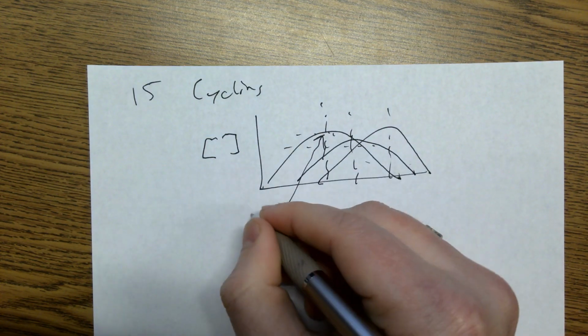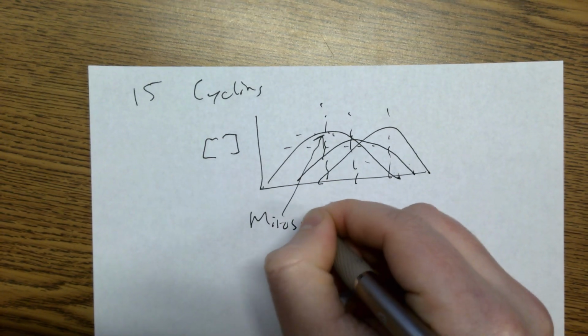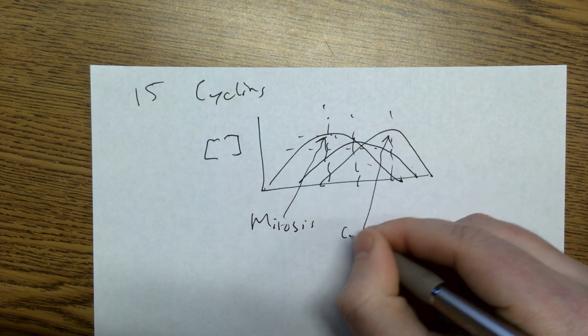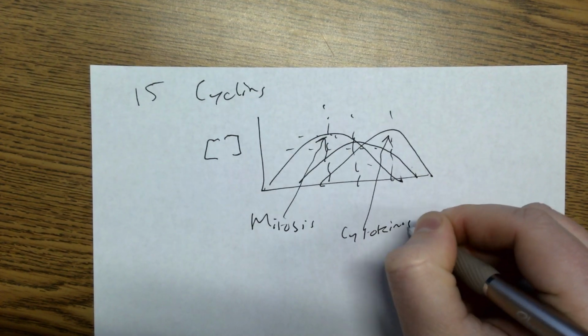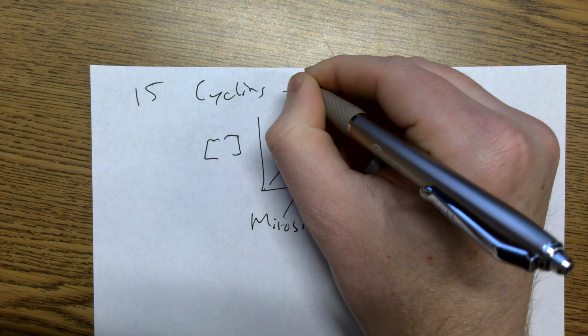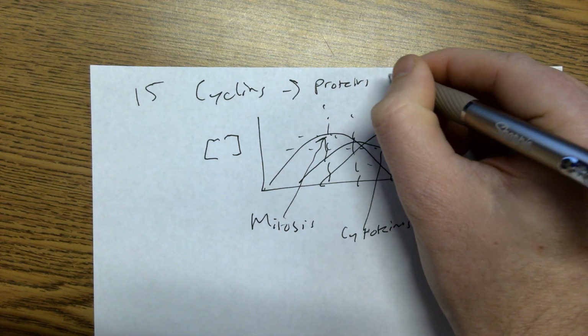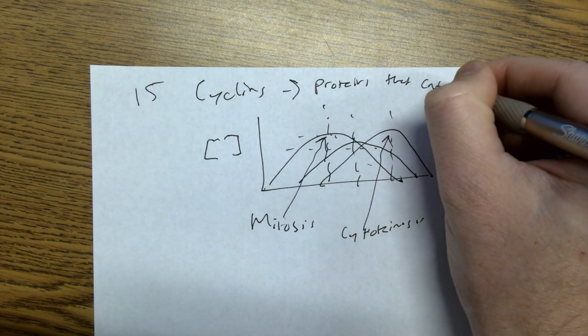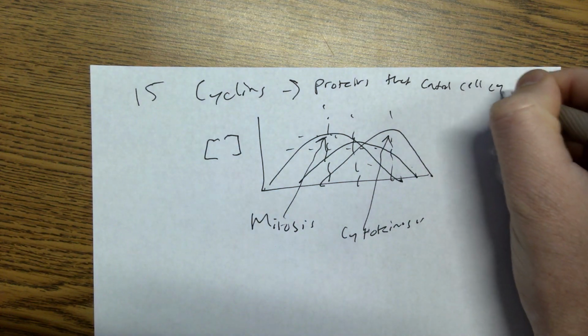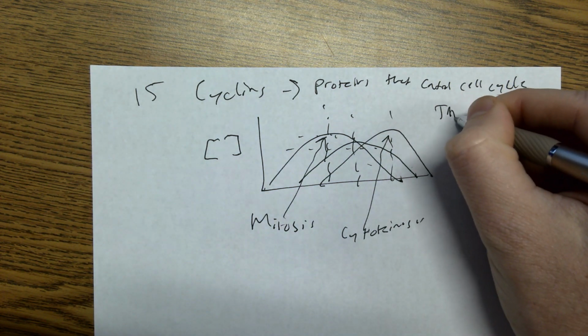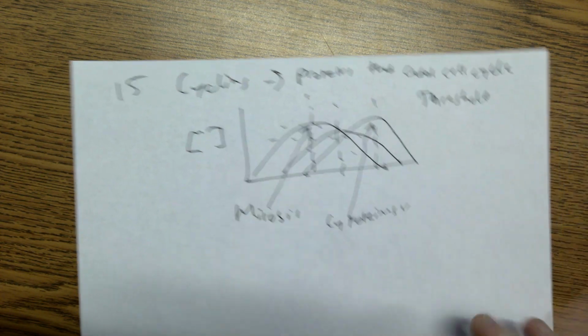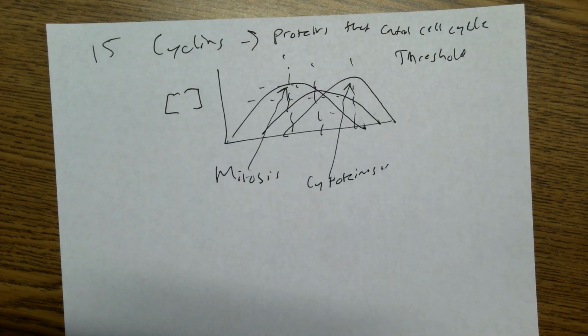So for example, this one might trigger mitosis. This one might trigger cytokinesis. And so cyclins are proteins that control the cell cycle. And so they need to reach a threshold. And when they reach that threshold, they trigger the next part of the process.